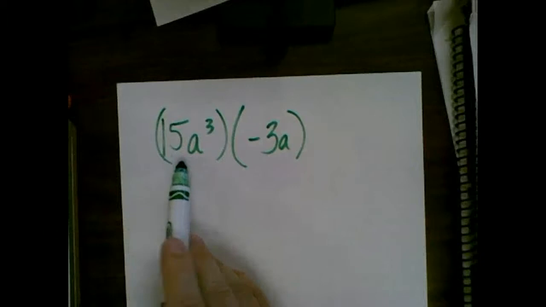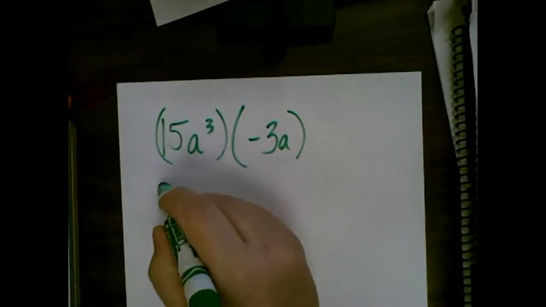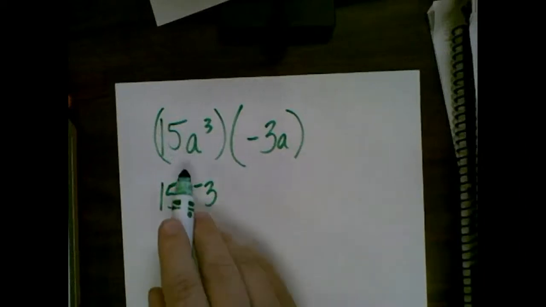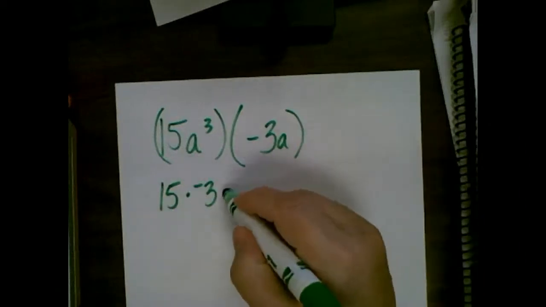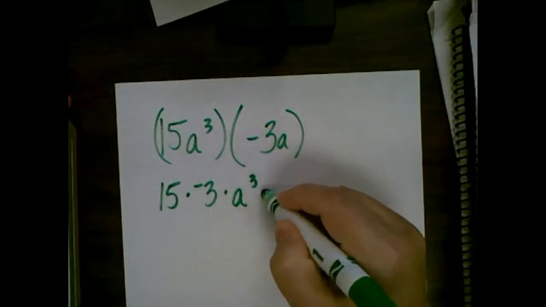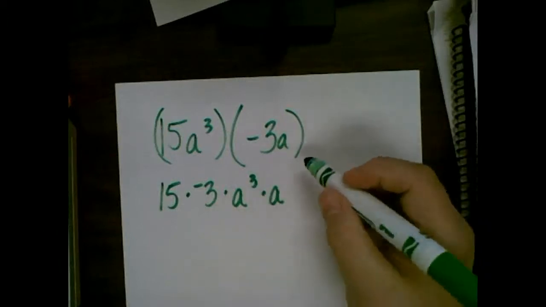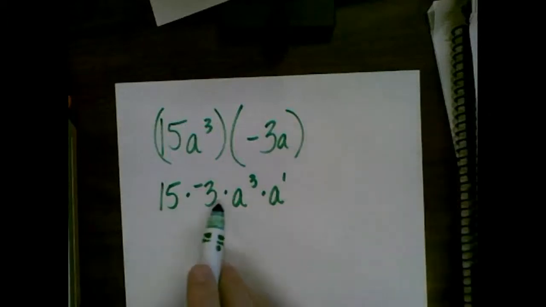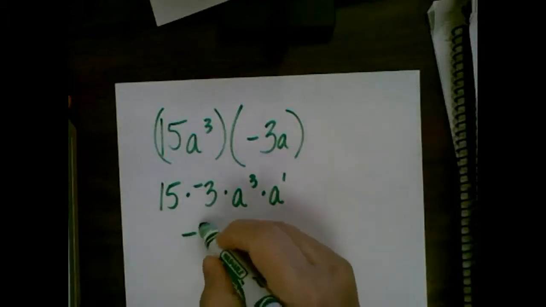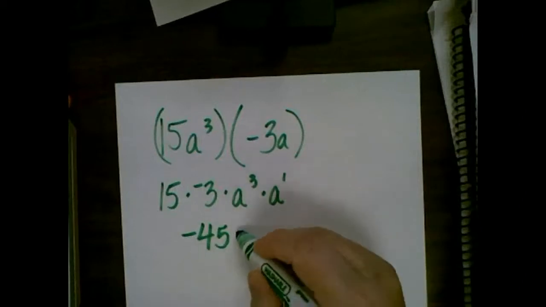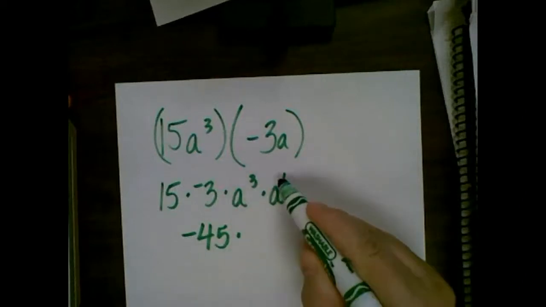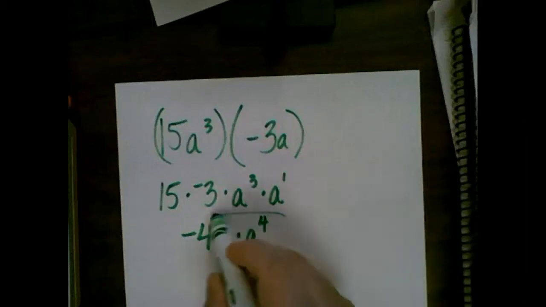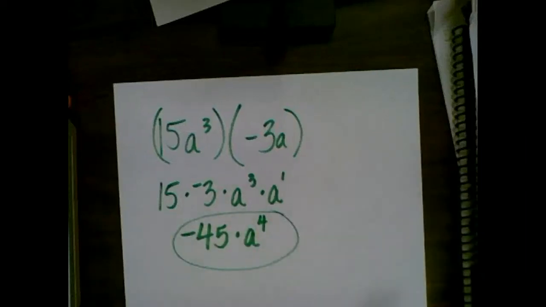Again, we take number times number, so 15 times negative 3, and then we'll put the variable terms together. So a cubed times a, and again, since we have a single a there, that's like a to the 1st. Well, 15 times negative 3, you get negative 45, and then 3 plus 1, we get negative 45a to the 4th, and that would be our final answer.